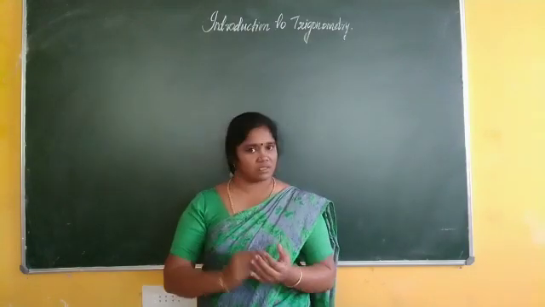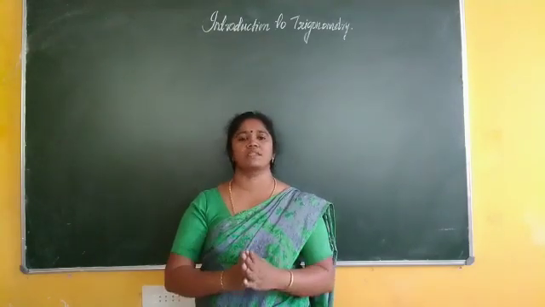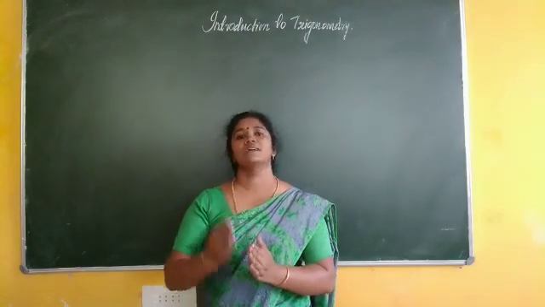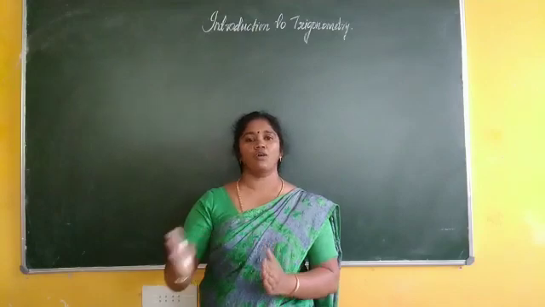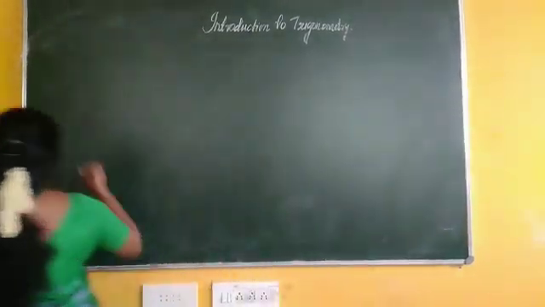Tri means three, gon means sides, and metry is nothing but measurement. So in this chapter we are going to see the relationship between the sides and angles of the right angle triangle specifically.